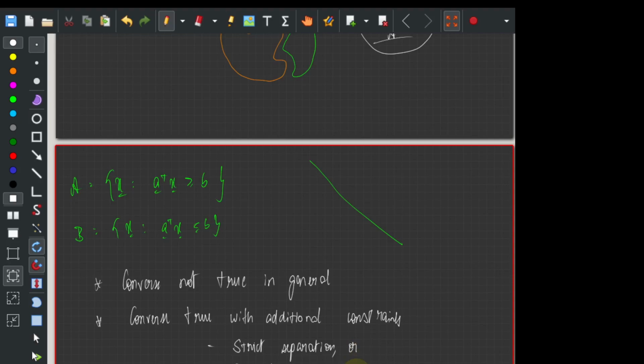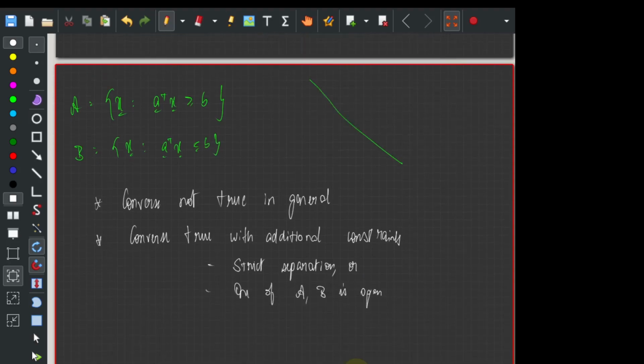So under certain conditions, the converse is also true.